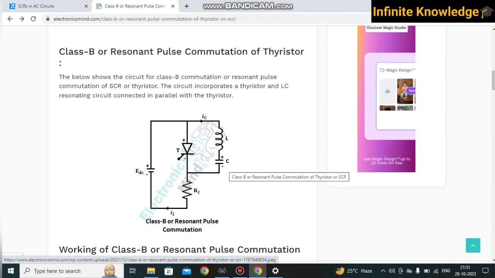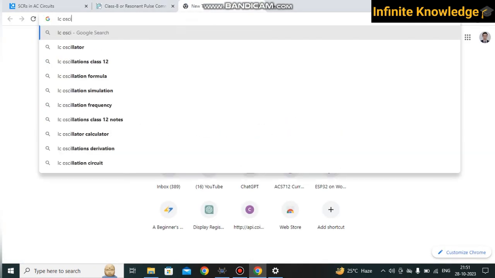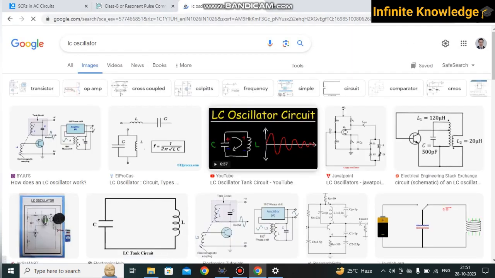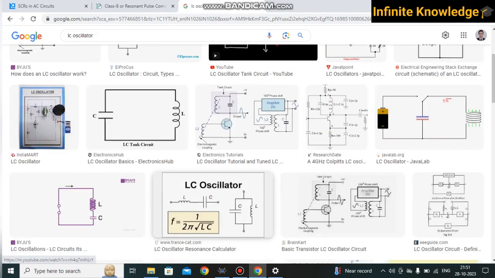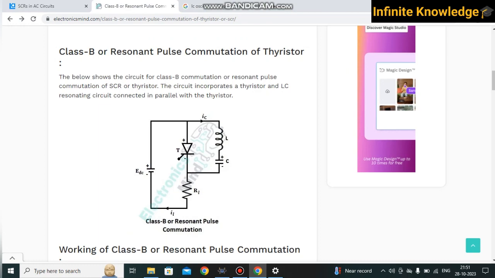So what is meant by an oscillatory circuit? Capacitor gets charged and discharged, inductor gets charged and discharged. So in an LC oscillatory circuit you get this type of oscillation, produced due to charging and discharging of capacitors and inductors and vice versa.